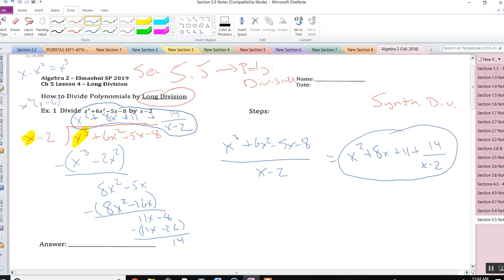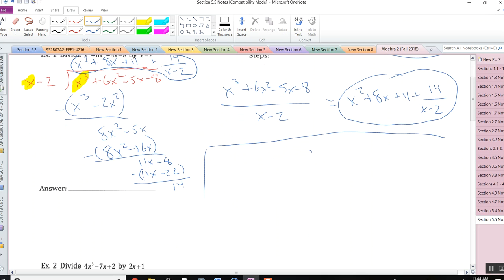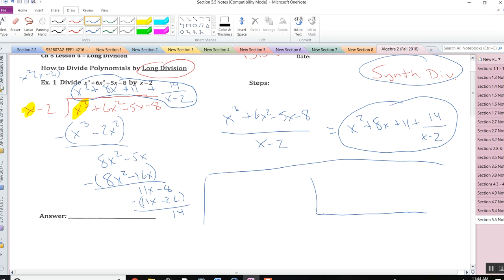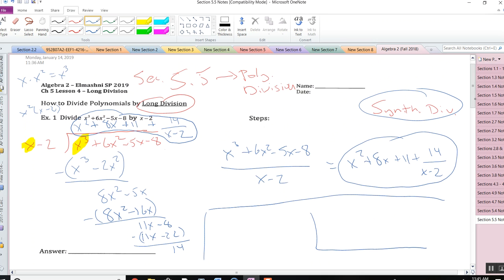Now, this is probably not the most pleasant experience. There's actually a better way of doing this division, and that's synthetic. Let me show you synthetic division down here. Here's what we do. I'm going to draw a rotated L, or think of it like half of a box.